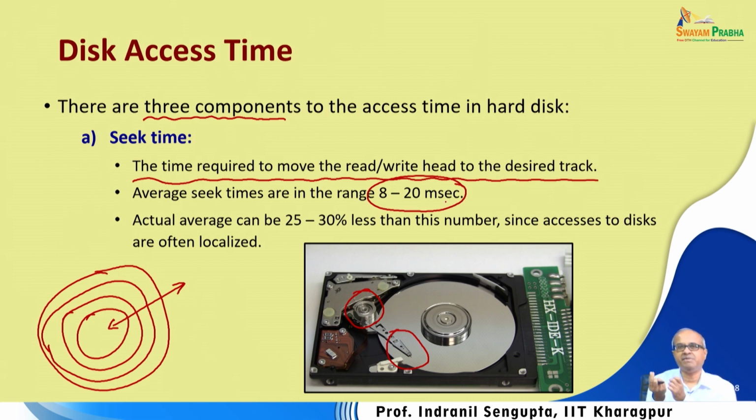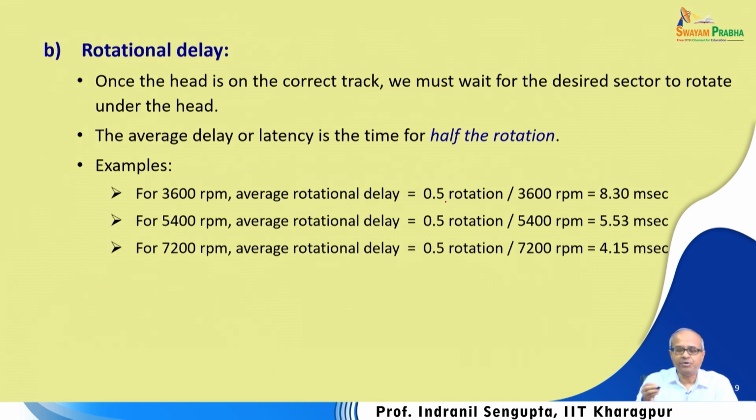So, the actual time may be much less than that. Okay. So, this is the first component of the time, which is seek time, to move the read write head on top of the track where your data is stored. Fine. Now, the second component is rotational delay. See, you again imagine the surface of the disk.